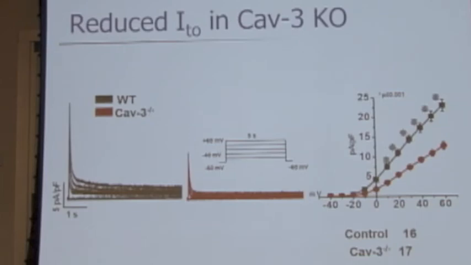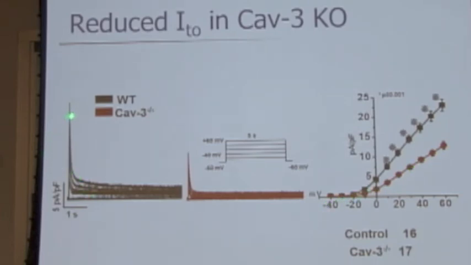But perhaps the largest effect is seen on ITO, and probably not surprising given what many experts in this room realize, that ITO is the main repolarizing current in the mouse ventricle. These are just raw currents observed with this voltage protocol in wild type and knockout mice, and you can see that the peak ITO is significantly reduced to about a third of the level in the knockout mice.